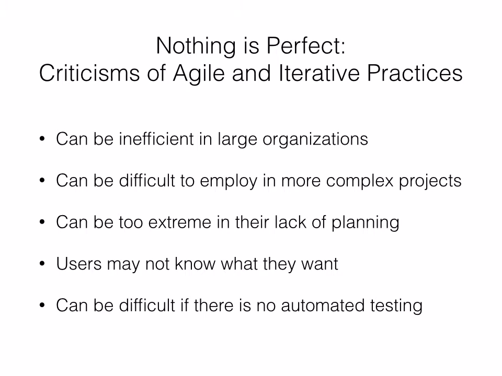But I will also say that with respect to bullet point 2, that it can be difficult to employ on more complex projects, I actually have to disagree, because the first time that I ever worked in an agile team was coincidentally on the most complex project that I've ever worked on. I would say it works really well when you have big projects, with people who are not just software engineers, where you have physicists, hardware engineers, electrical engineers, civil engineers, field engineers, all different types of people.